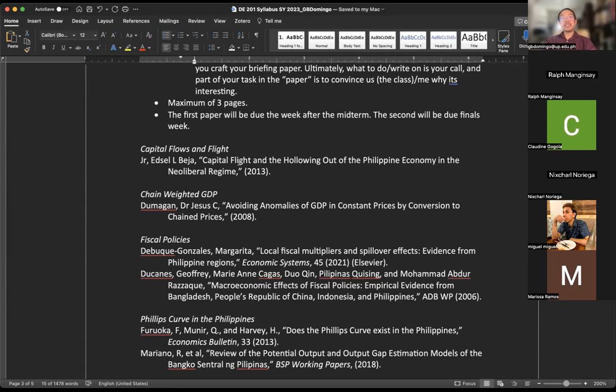And until now, this is a recent paper. And apparently, Beha's conclusion was that you thought capital flight was big before, but measured capital flight in the 2000s is, in fact, larger in magnitude. So that's interesting, I think.